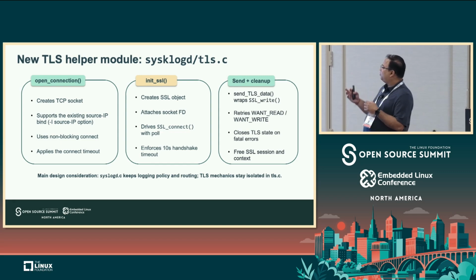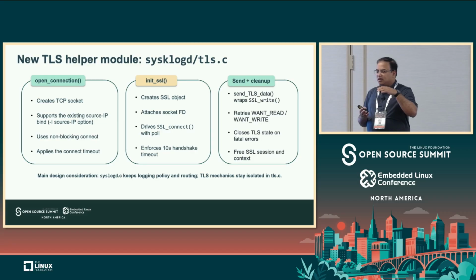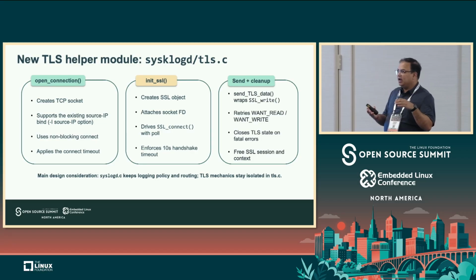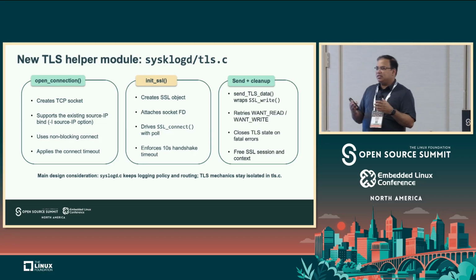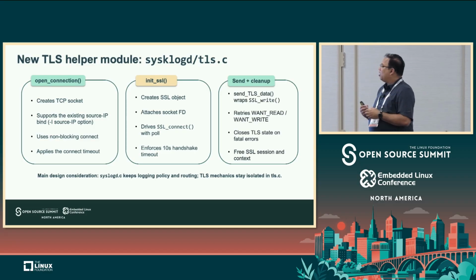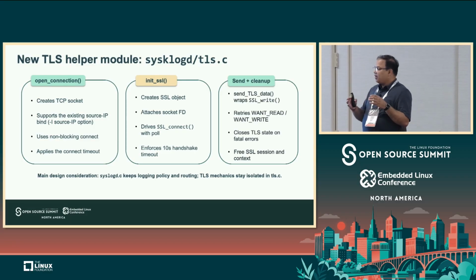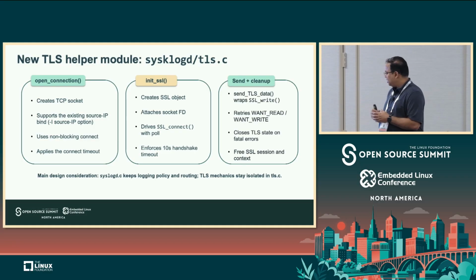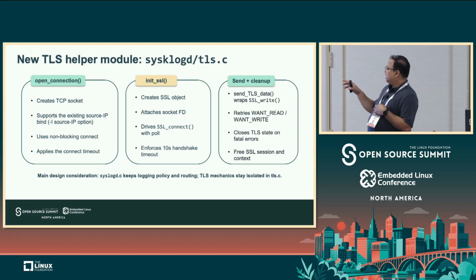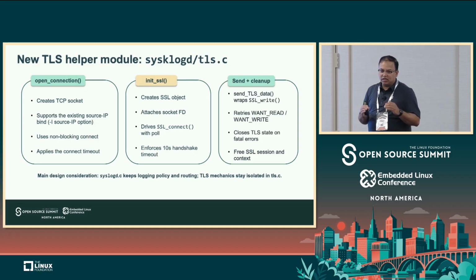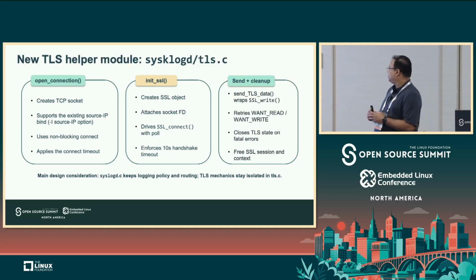The init SSL functionality is to initialize all the SSL related context, attach the socket FD which was created by open connection, and then drive everything with the poll commands. And it enforces that the handshake timeout is preserved during this time as well.